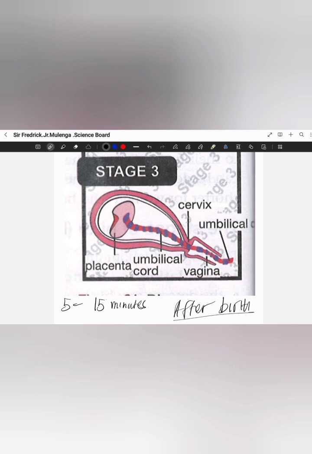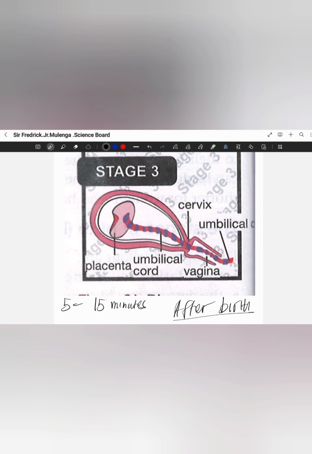So you need to know these steps that I've gone through with you, and most of all you need to know what each term that I've described means, starting from fertilization, gestation period, implantation, and birth, and the stages of labor.